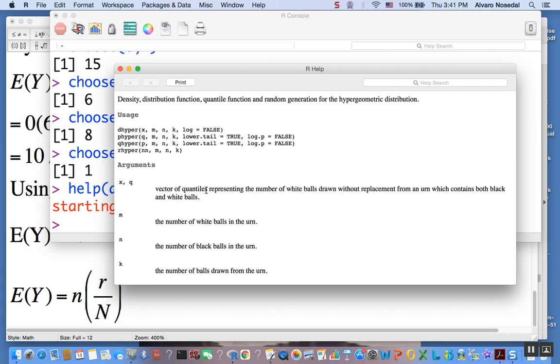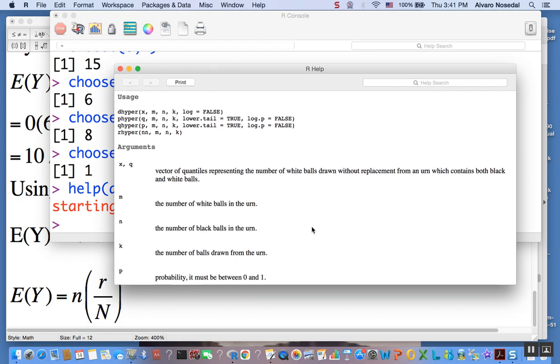Since x keeps track of the number of white balls, m is the number of successes in our population. And lowercase n, in this case, represents the number of failures, and k represents the sample size. So just keep that in mind.